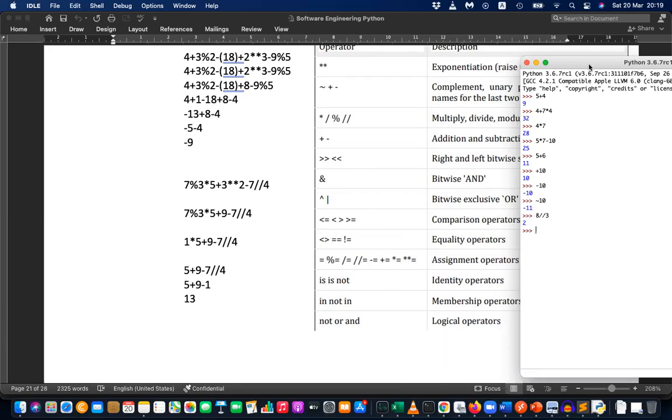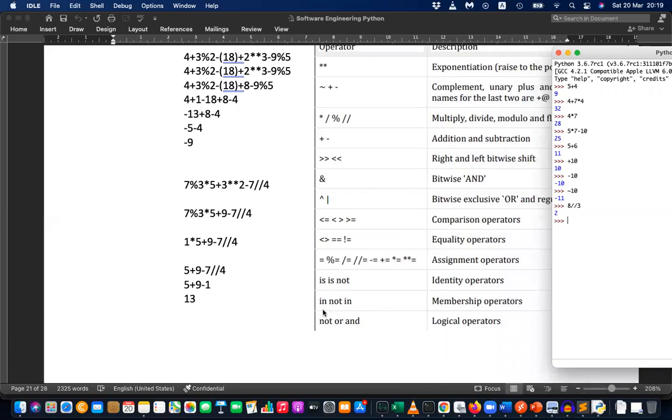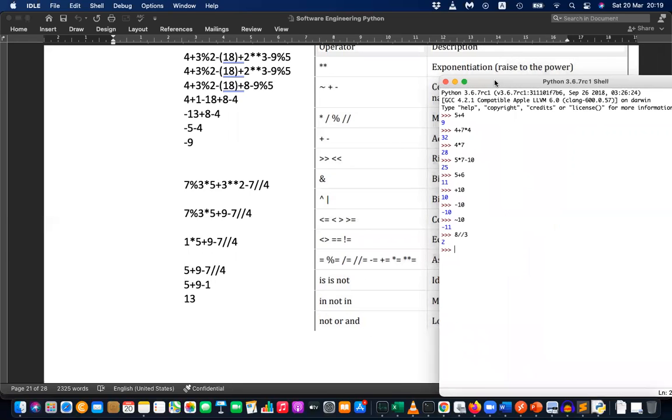And then we discussed these kinds of operators: is not in, is in, is not, and not, and. The not and are the logical operators. Is in, is not in, we discussed that.